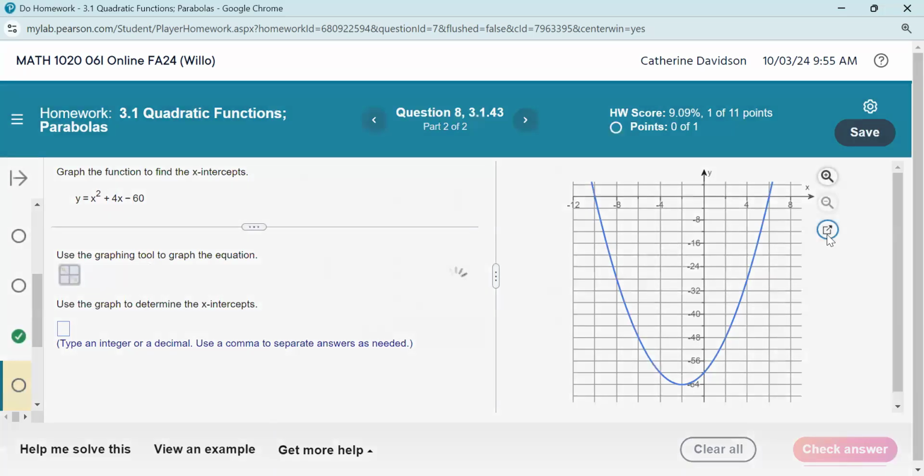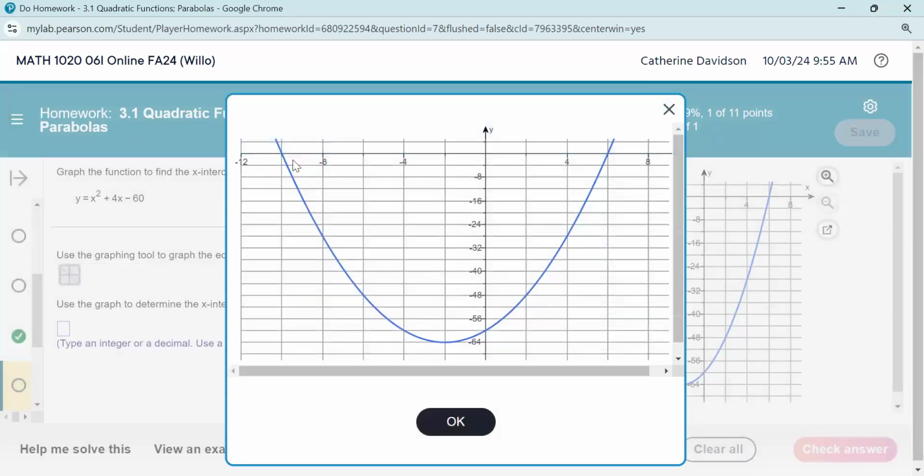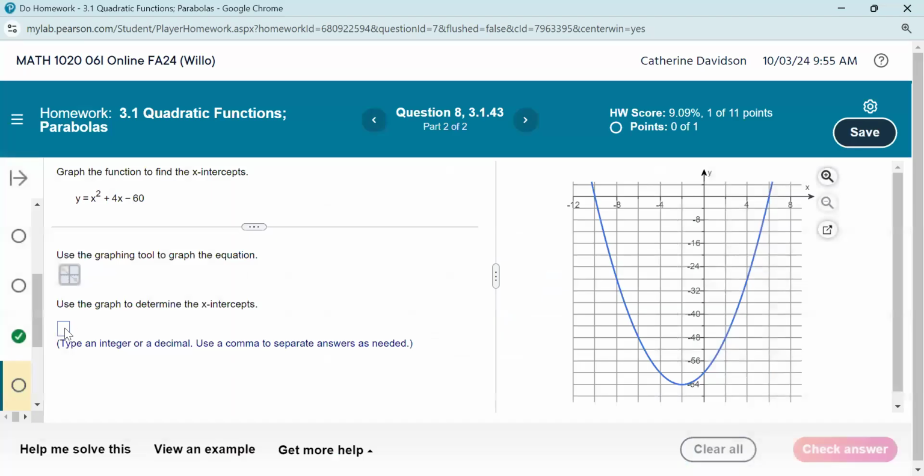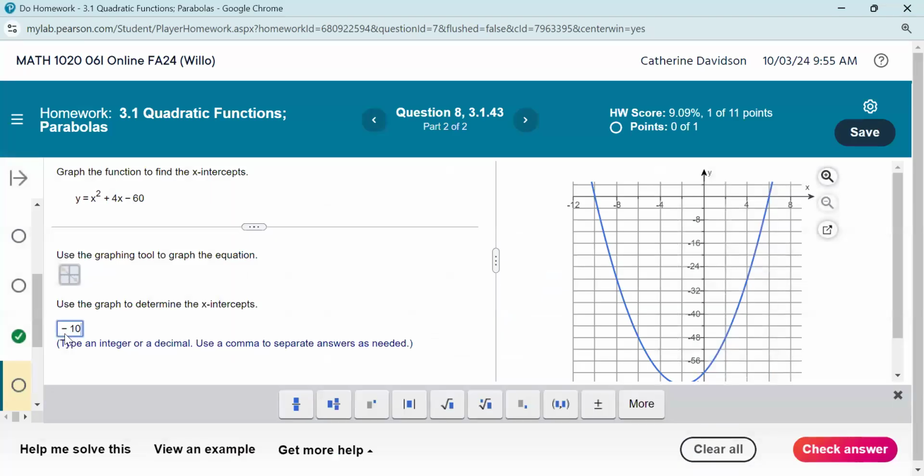All right, let's pop this out. I see it crosses between 8 and 12, 2, 4, 6, 8, and so -10 and +6 is where it crosses the x-axis. And you could put the 6 first if you want.